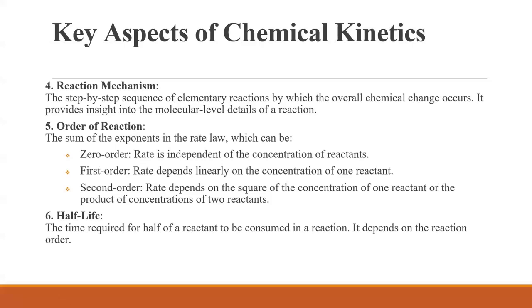For first order, the rate depends linearly on the concentration of one reactant. The second order reaction has a rate depending on the square of the concentration of one reactant or the product of concentrations of two reactants.